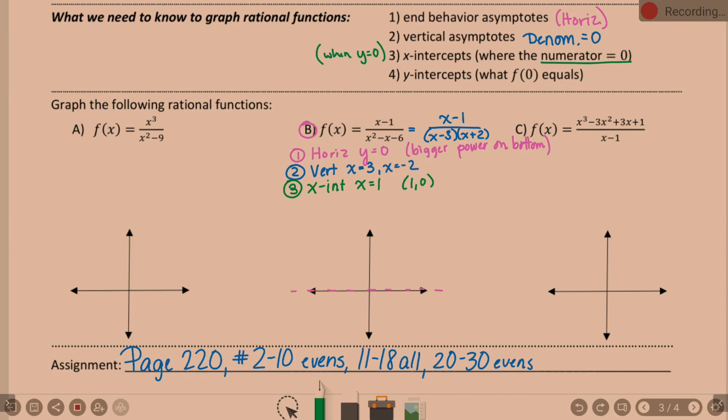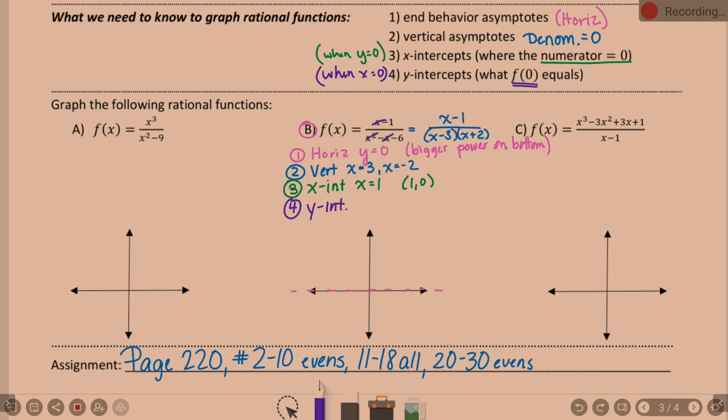Okay? And, oh, I quit putting anything on the graph, didn't I? Oh, well. 4. When do y-intercepts happen? When x equals 0, right? So it says what f of 0 equals. That's saying put 0 in for x. Okay? 0 minus 1 is -1. 0 squared minus 0 minus 6.